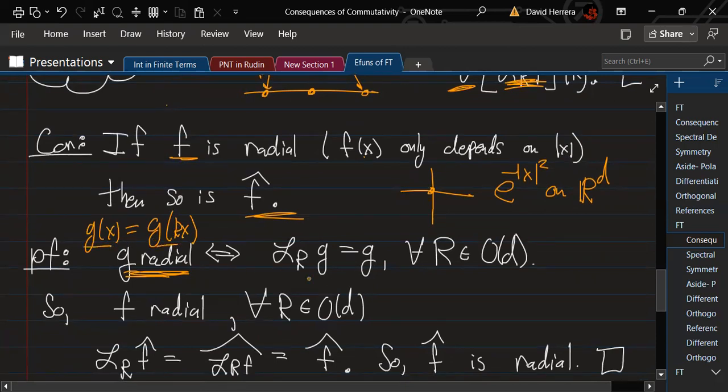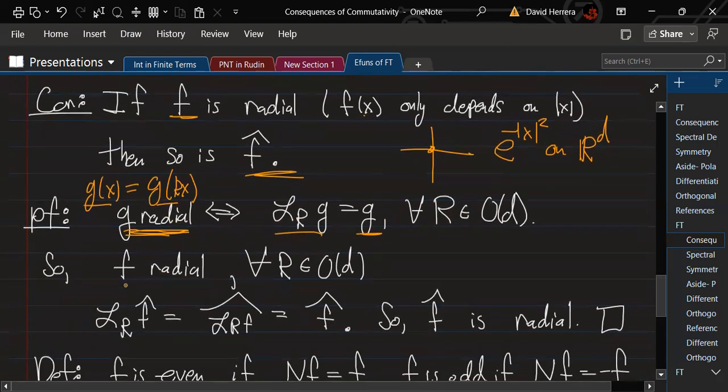Now, because this is true, L_R g is going to be g for all R in the orthogonal group. So if we have a radial function f for all R in O(d), then we can calculate something using the Fourier transform, which is the L_R Fourier transform.